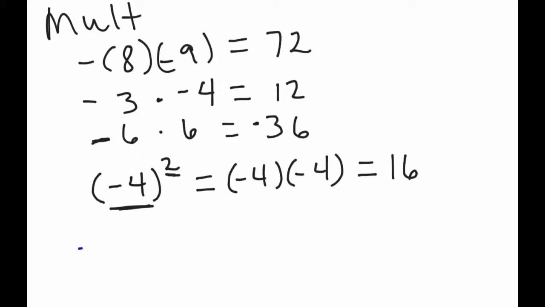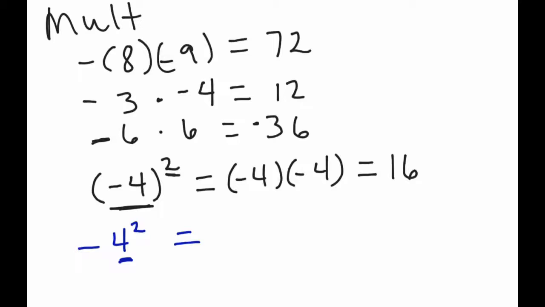Now let's look at this one. Pay close attention. I'm using the same numbers. I have a negative sign and I have an exponent, but they are not the same, because I do not have parentheses in this case. And the exponent 2 is only applying to the 4.